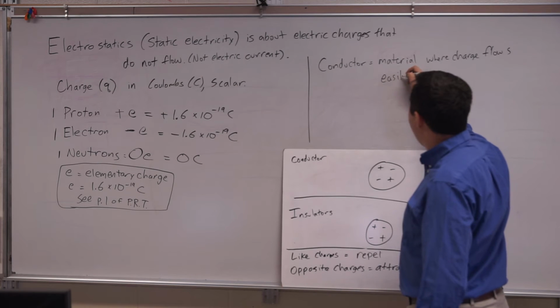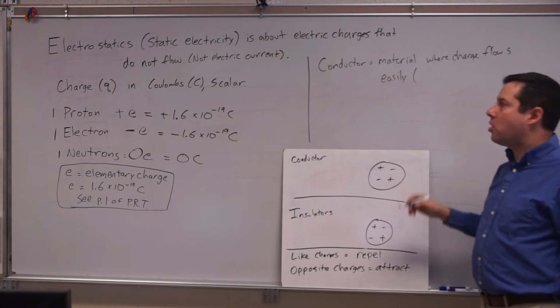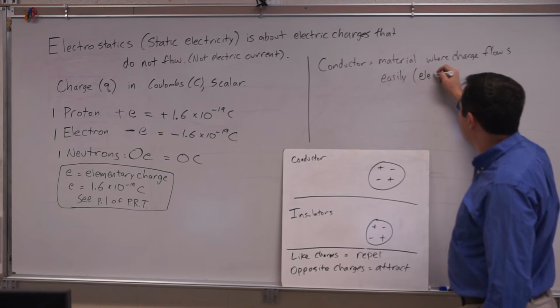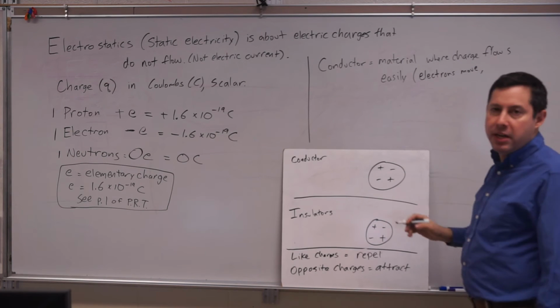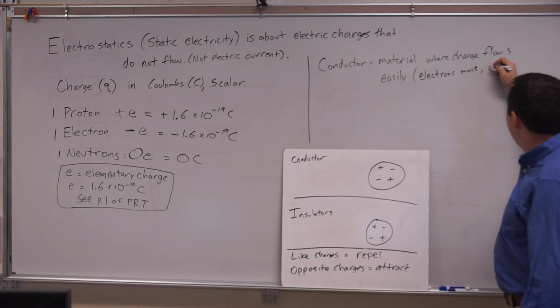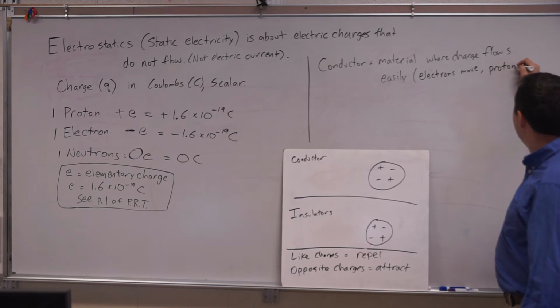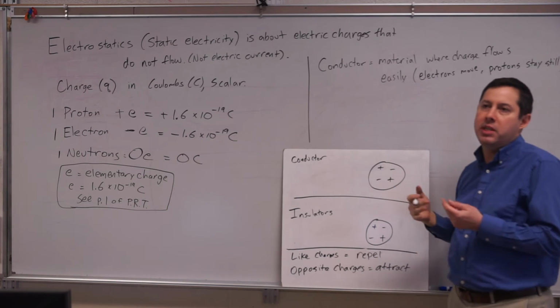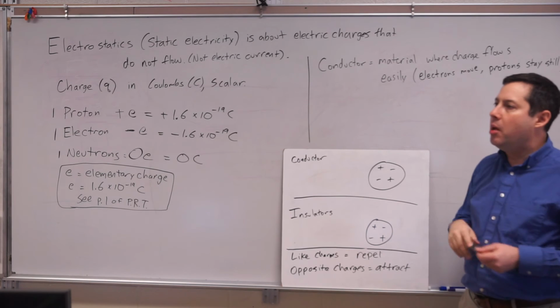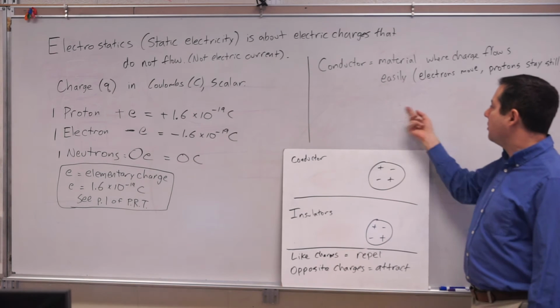And when I mean charge, typically what we're talking about is electrons move easily, because even in most conductors, protons stay still. Protons are kind of locked into the lattice of the material, the molecular structure.